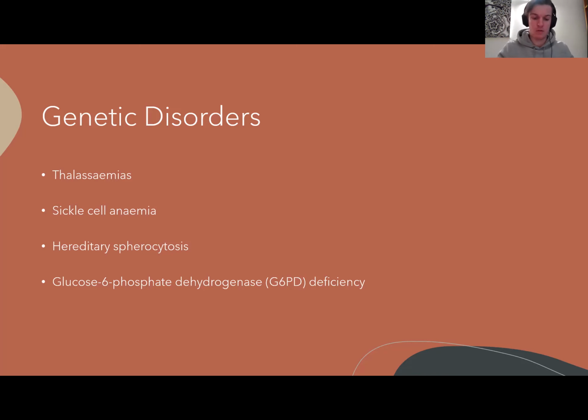Sickle cell anemia is also hemolytic anemia, also autosomal recessive, and it's down to just a single gene defect in your beta chains. You get rigid cells that are crescent shaped, and they are prone to causing vaso-occlusive episodes.